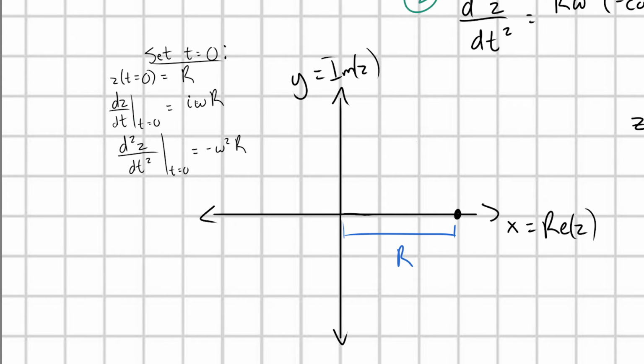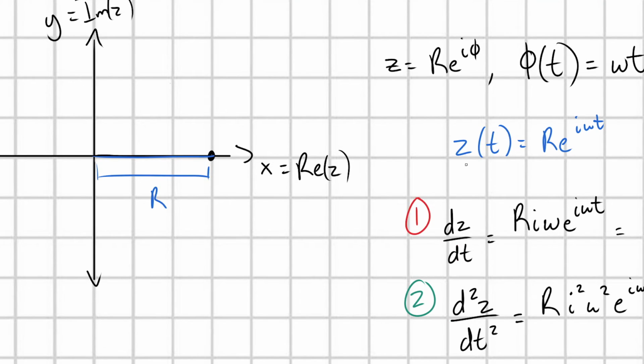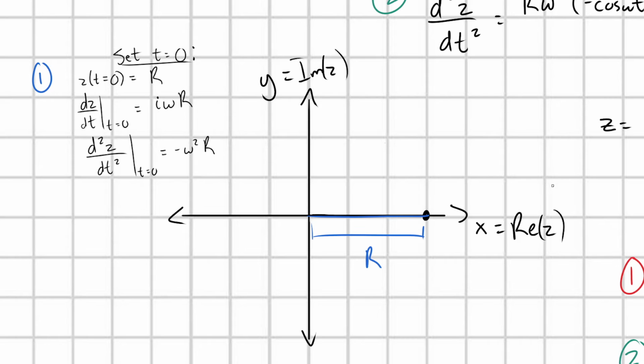Oh, look at this. My velocity is purely imaginary. So here was my position, and let me make my colors match. Here is 1, and we used red for my velocity and dark green for my acceleration.